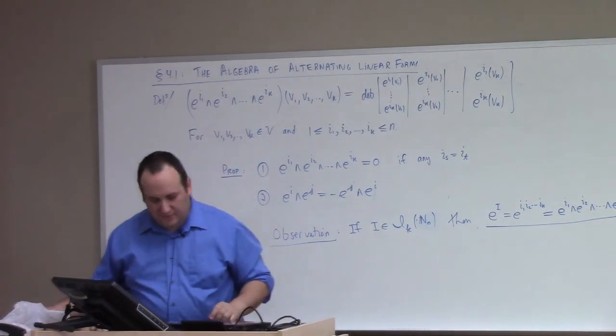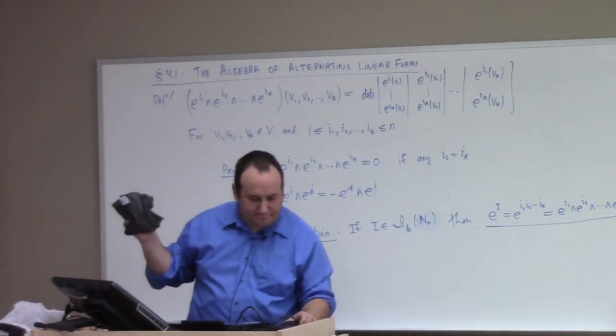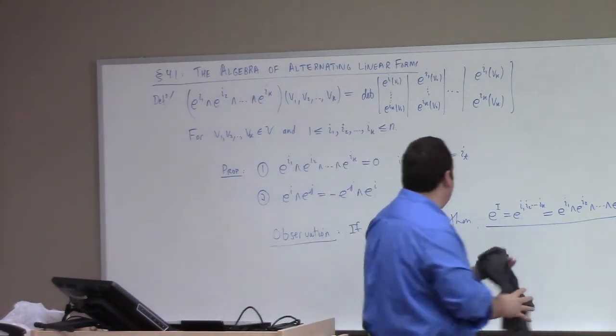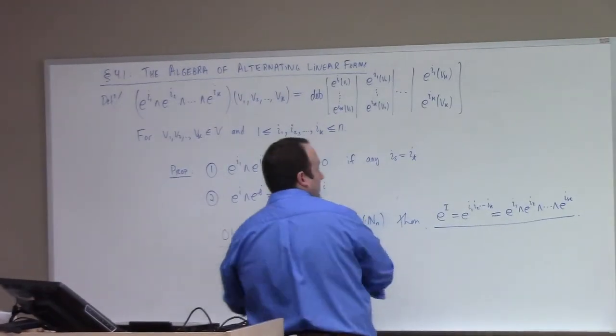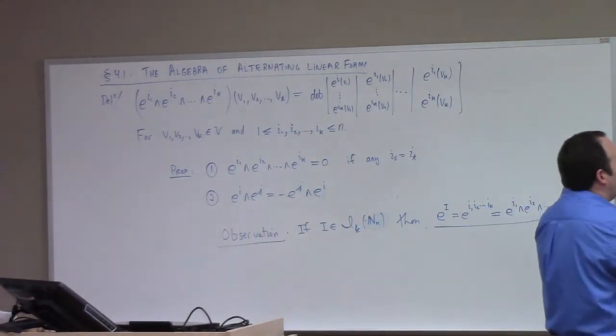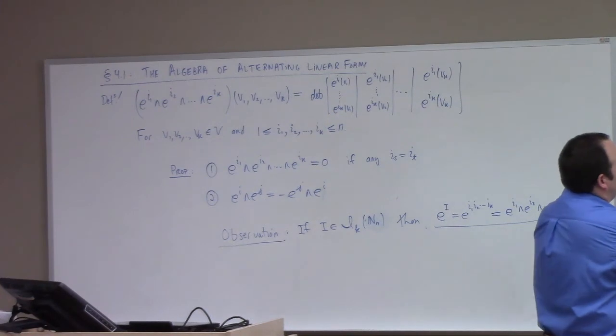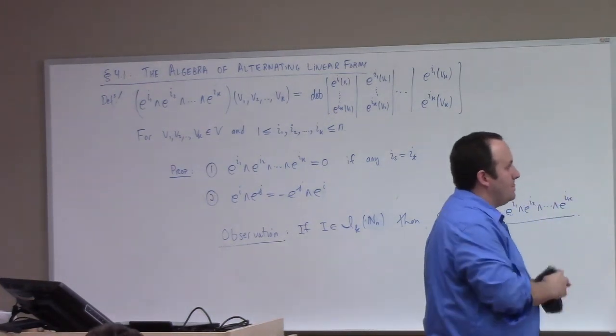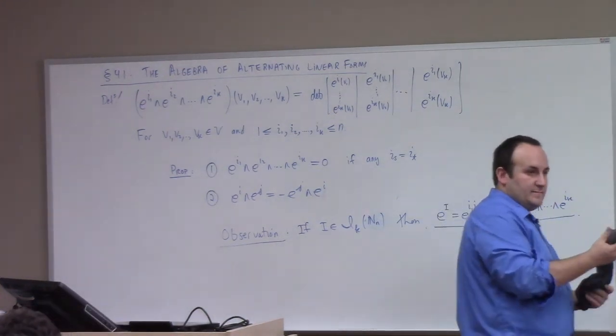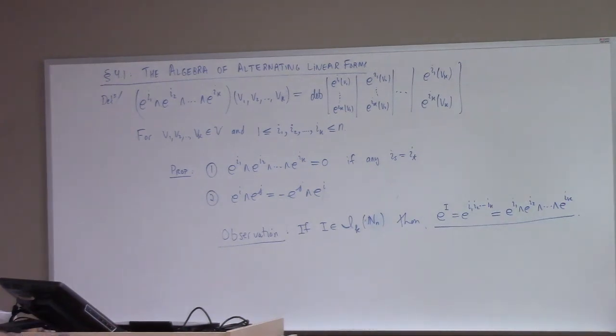Okay, so let's get back to the fun stuff. Yes, differential forms. So, how can I make these into differential forms? I want to make this into a differential form over a manifold. What do I do?